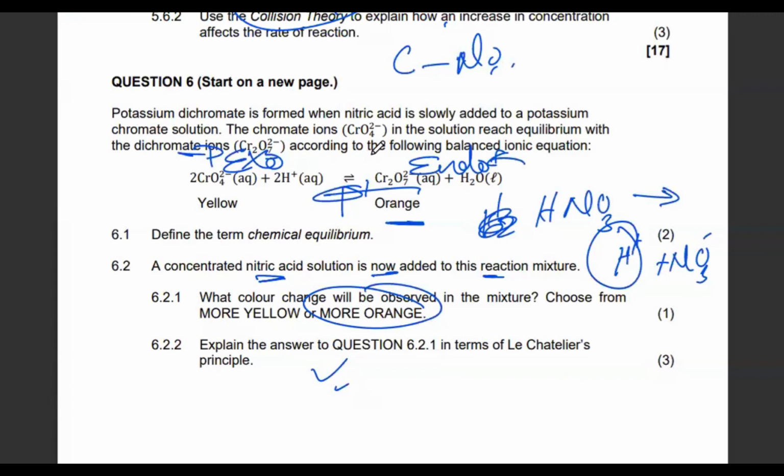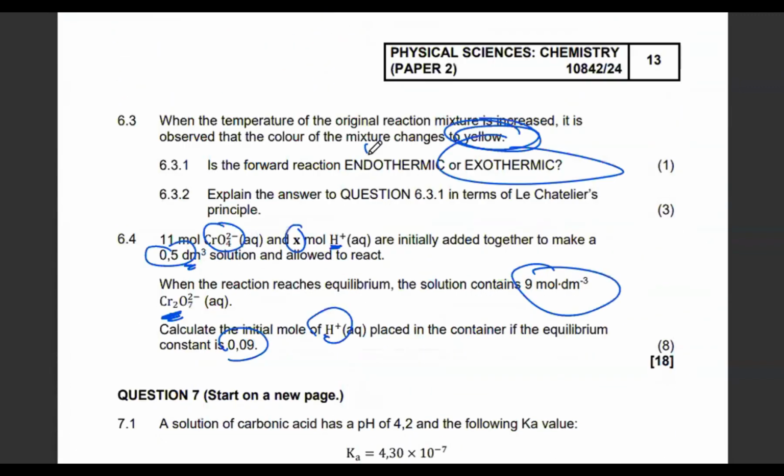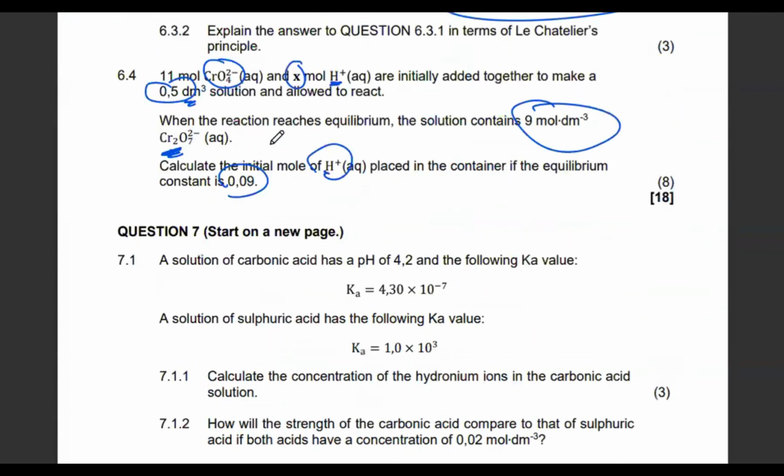Here they say that when the reaction reaches equilibrium, the solution contains this number of moles of dichromate. You understand? It contains this number of moles of dichromate at equilibrium.